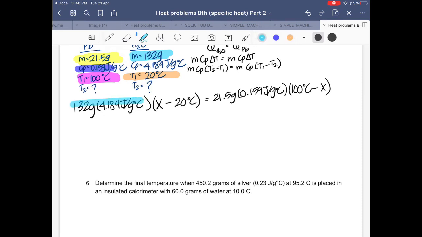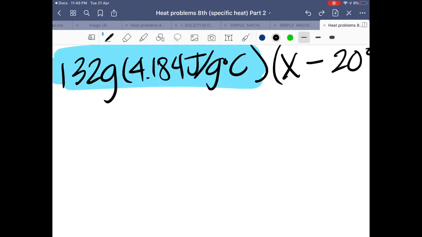So we start multiplying this part right here and this part right here. 132 times 4.184 equals 552.288.